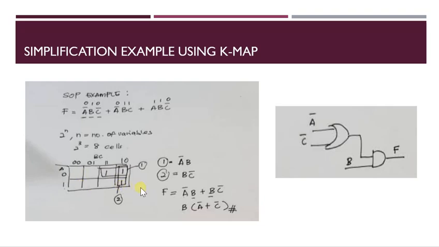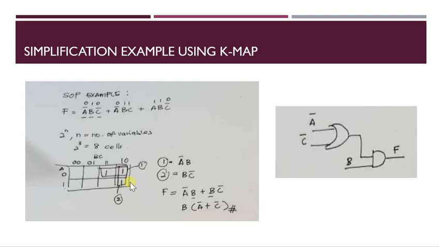After we do the mapping, we need to do the grouping, and you need to remember the 7 rules for the grouping. So we can group one big group, and another big group here. One group horizontal and one group vertical.